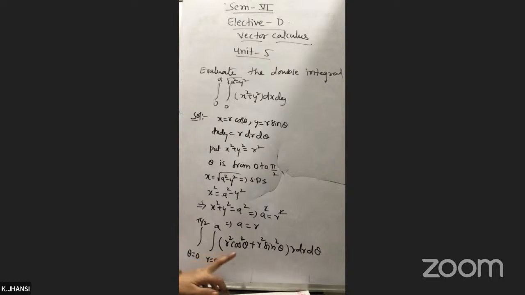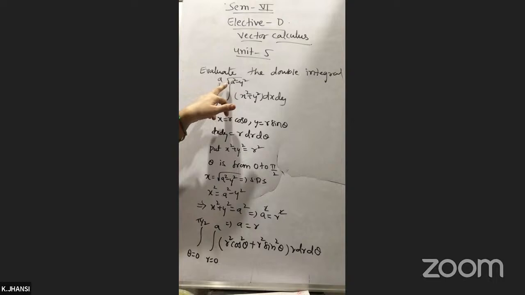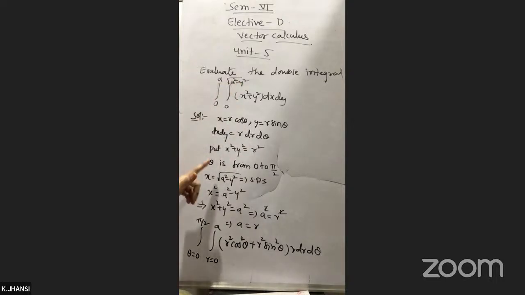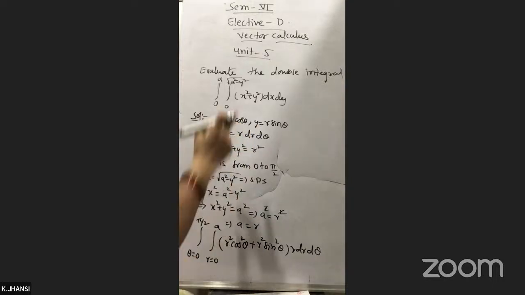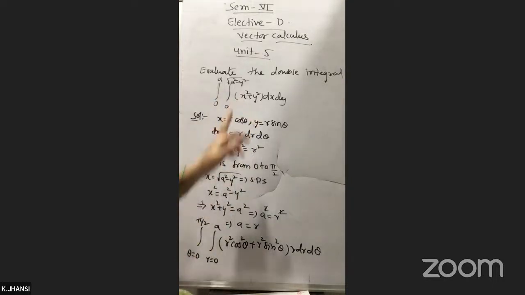So now we have to do the simplification of this one. So here the limit values are changing. Here 0 to root of a square minus y square is there. So here theta is from 0 to pi by 2 and another one, r value is from 0 to a. And by the polar coordinate relations, by substituting in the question, we can convert this into theta and r values.